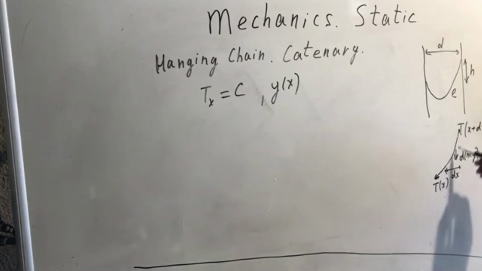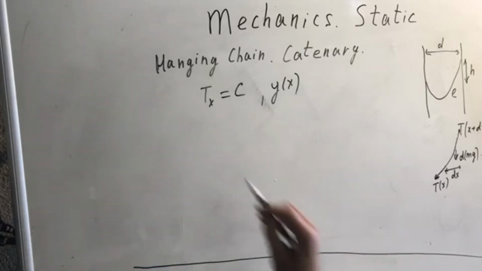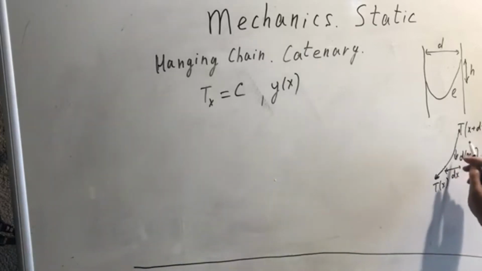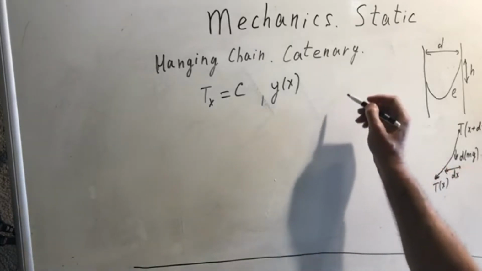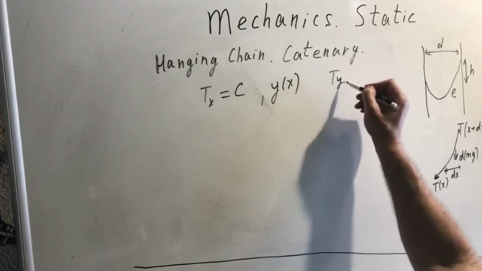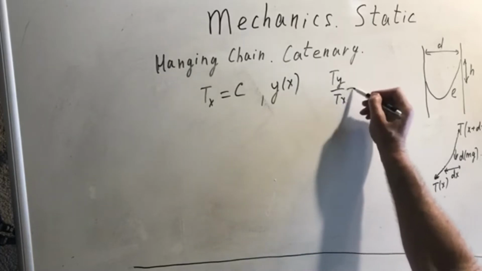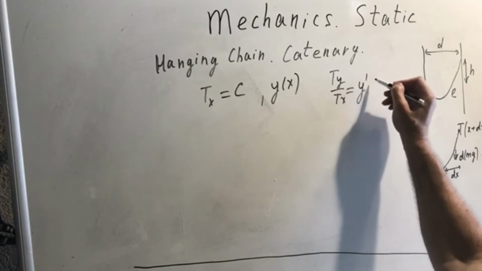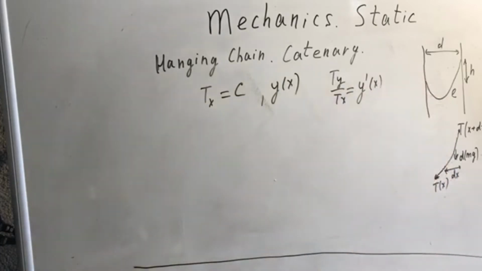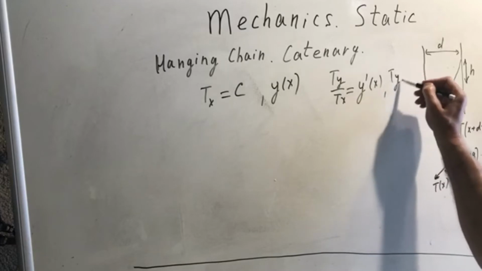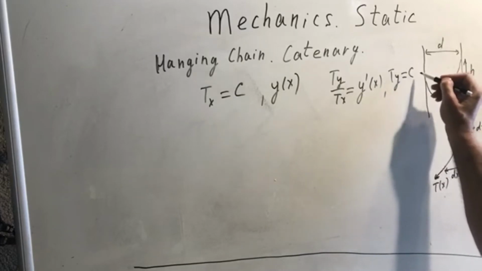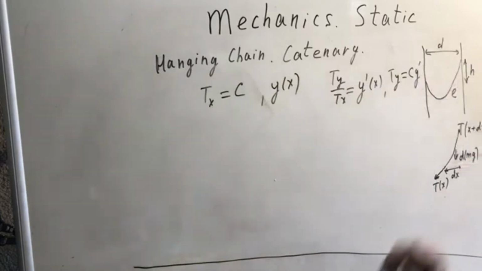Because this chain has this shape and tension is always directed along the tangent to the chain, we can write that Ty over Tx is just equal to the first derivative of function y. And because Tx is constant, we can write that Ty is just equal to C y prime.